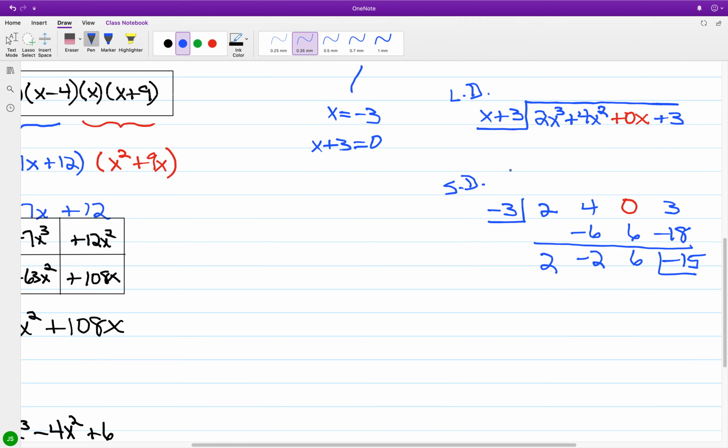So for the result, the remainder, and p of negative 3 will be the same.